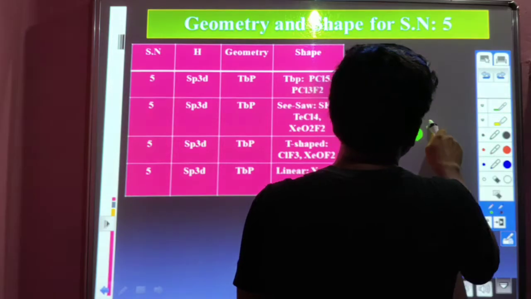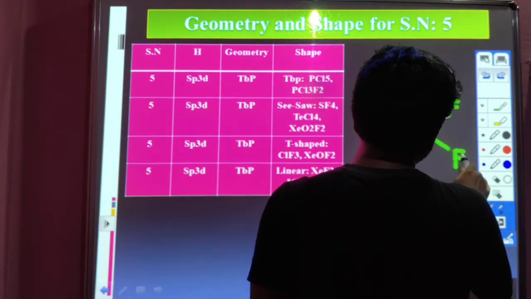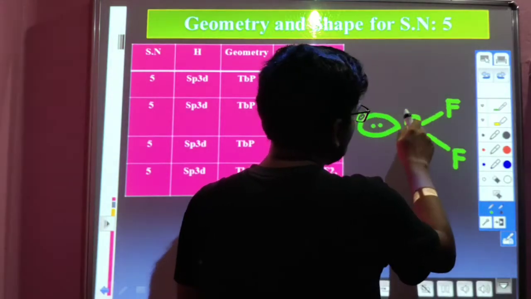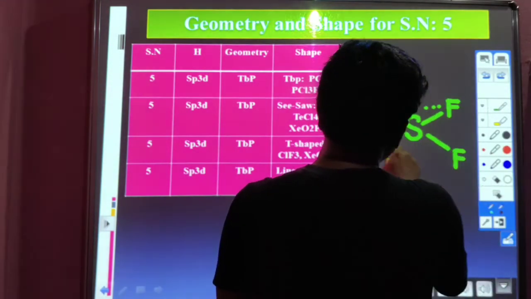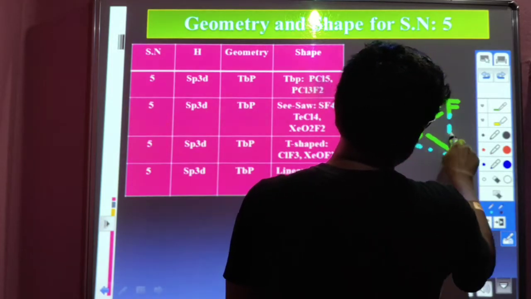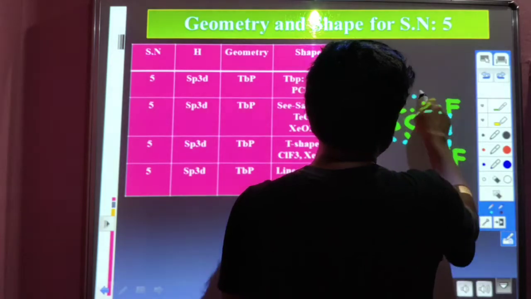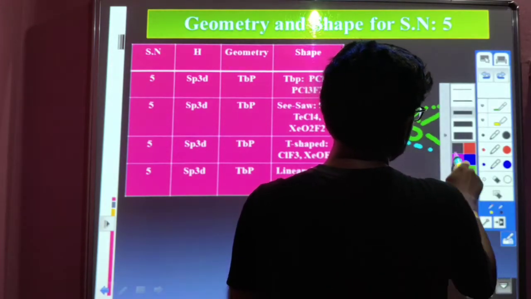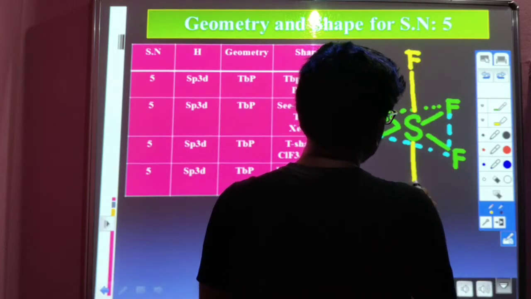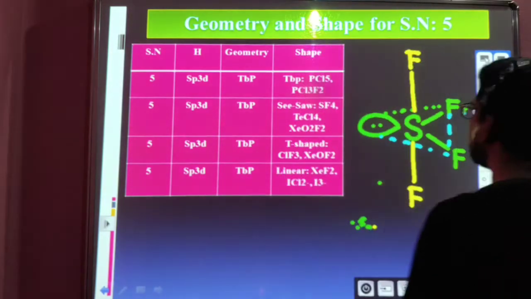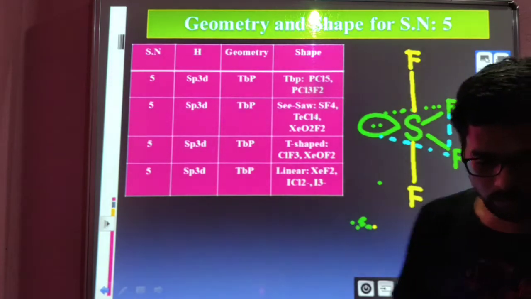This is the lone pair. This is F. This is F. These are in equatorial positions. And in axial positions, you just put 2 more F. Okay, done. 2 more F. It's done.